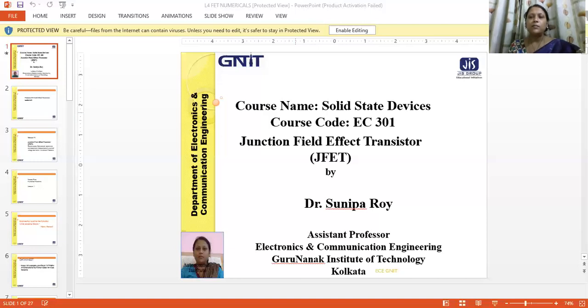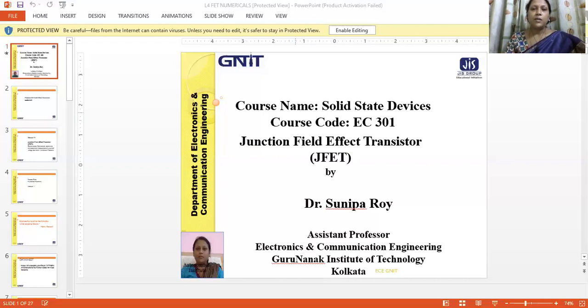Note that DC bias circuits are isolated from each other by the coupling capacitor, and the DC calculations are independent of the cascading. So here we can see the FET cascade amplifier.